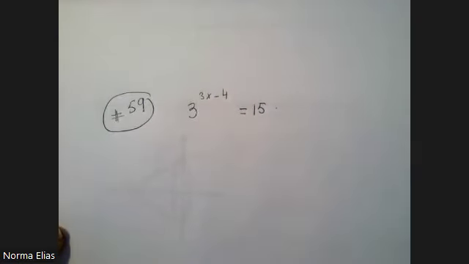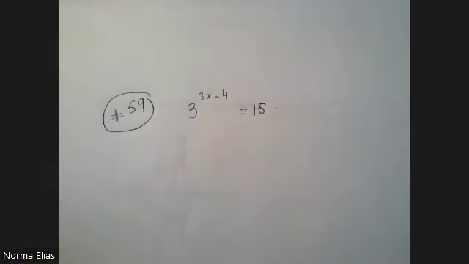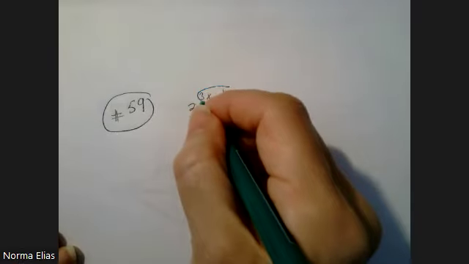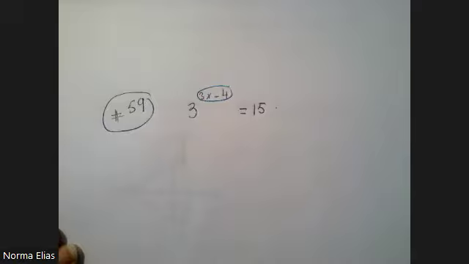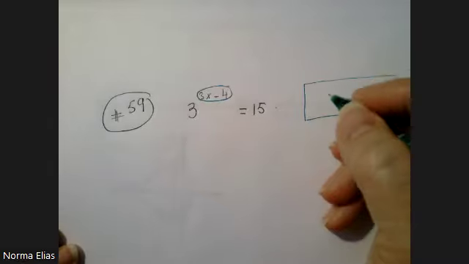The whole idea is that, as we said last time, the unknown is a power, and we need a way to bring the power down. There is only one function that helps me put the power down, which is the natural log.